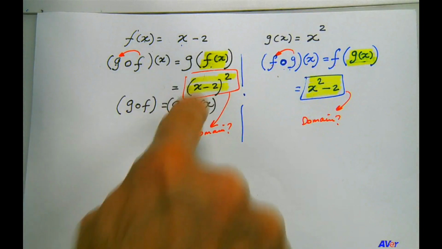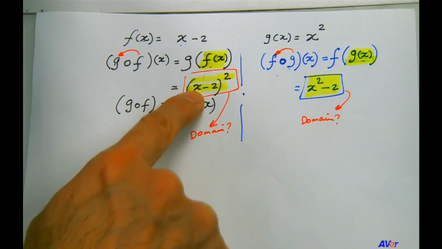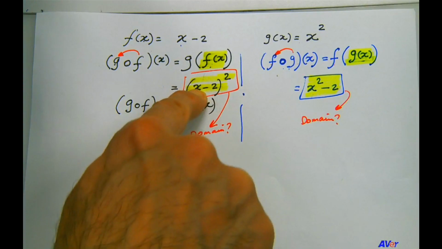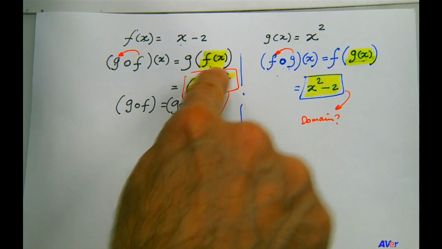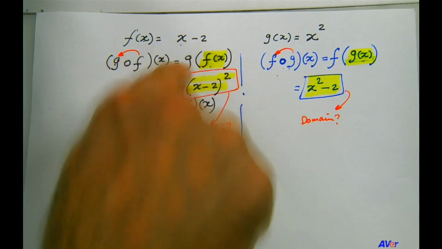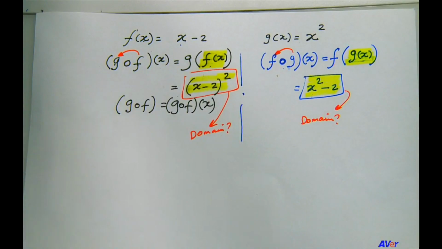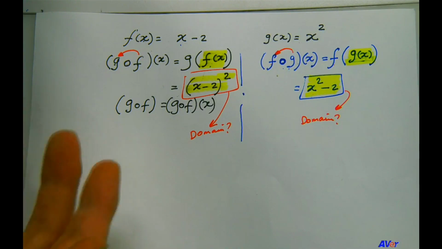On this side, the domain of this function should satisfy itself, obviously, but also the domain of the function that was replaced inside another function, so f. Is this clear? I want to make sure that you are clear about the difference between the domains of the combined function, which we talked about in the last video, and the domain of the composite function, which is the subject of this video.